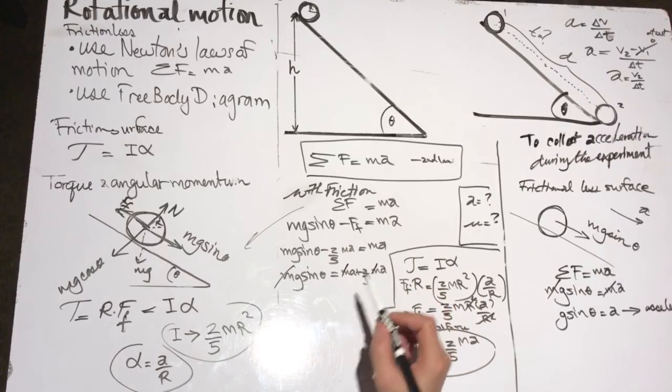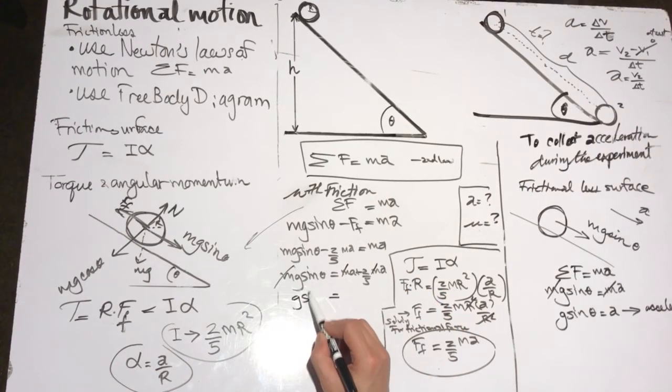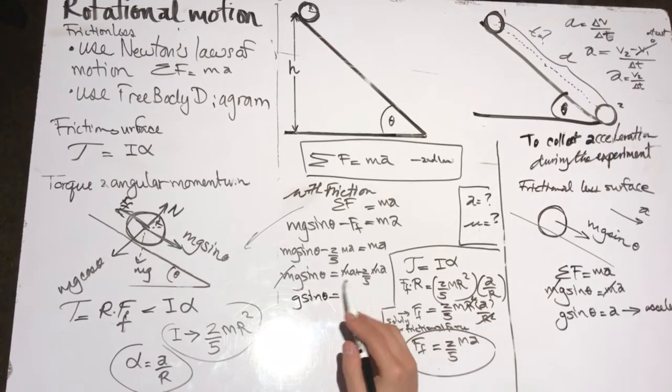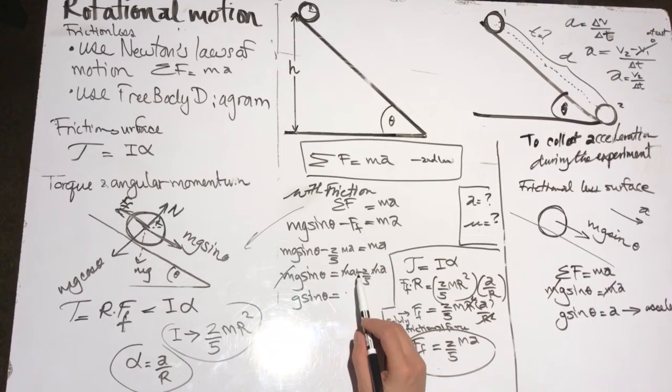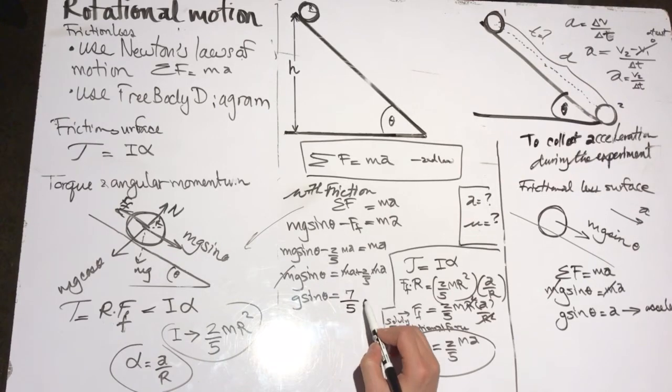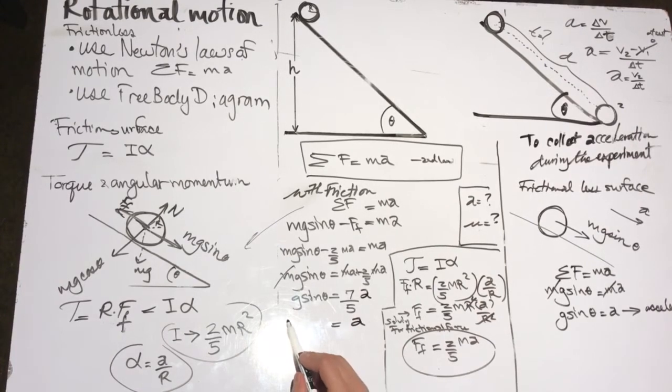I'm just going to cancel all the masses. It will be g sin of the angle is equal to, that's actually 5/5 plus 2/5, so it will be 7/5 acceleration. So acceleration should be equal to 5 times gravity times sin of the angle divided by 7.